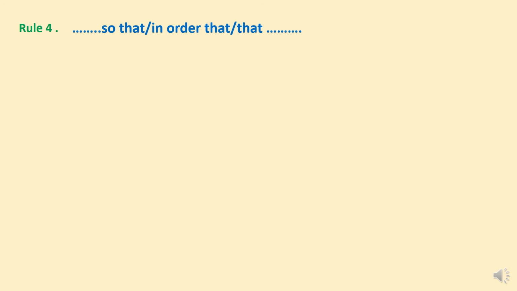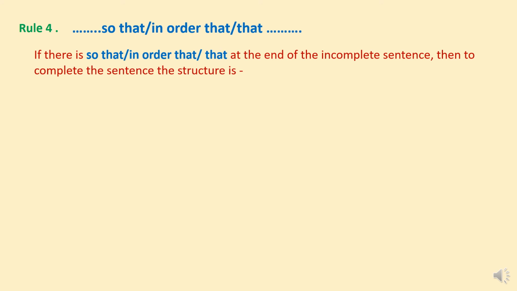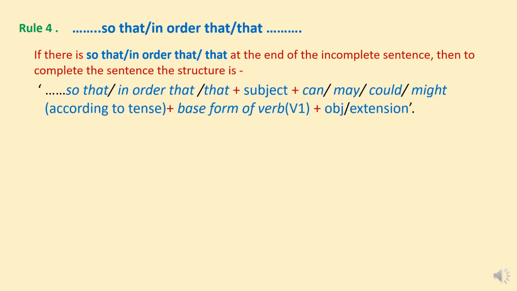That is, if there is so that or in order that or that at the end of the incomplete sentence, then to complete the sentence the structure is: so that or in order that or that plus subject plus can or may or could or might, that is according to tense, plus base form of verb, that is V1 or the present form of verb, plus object or extension.